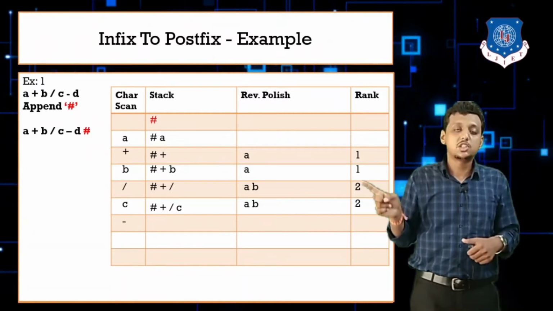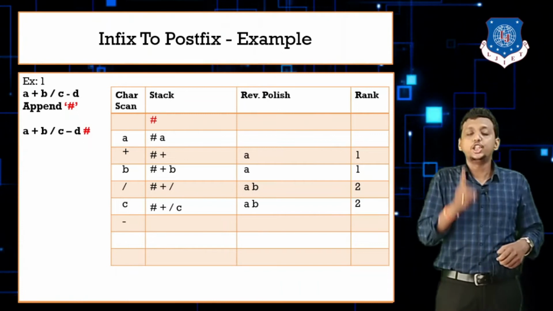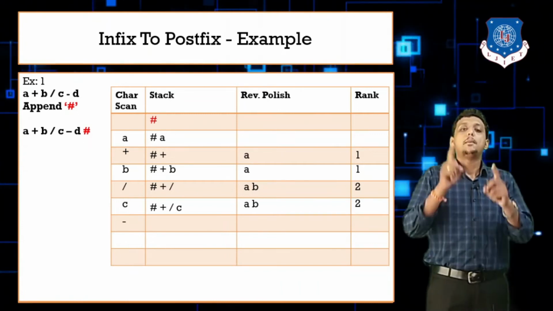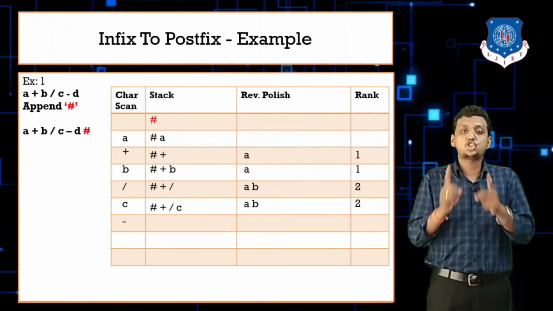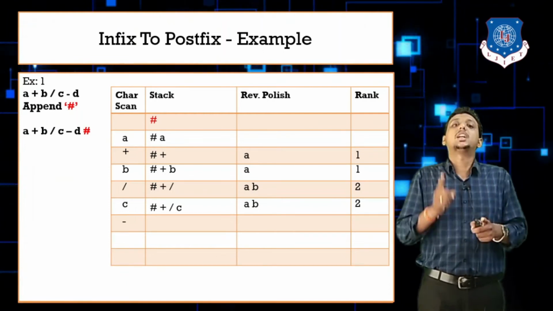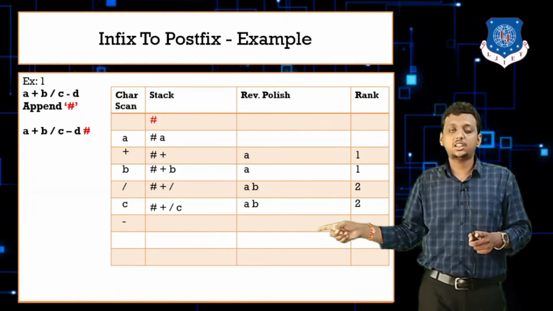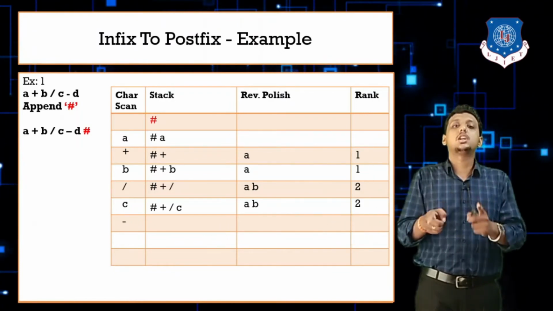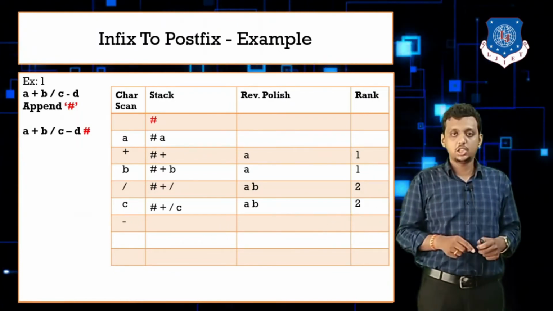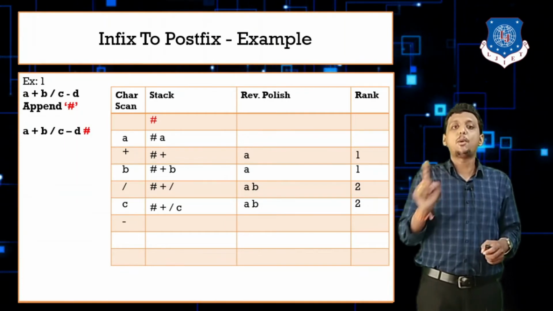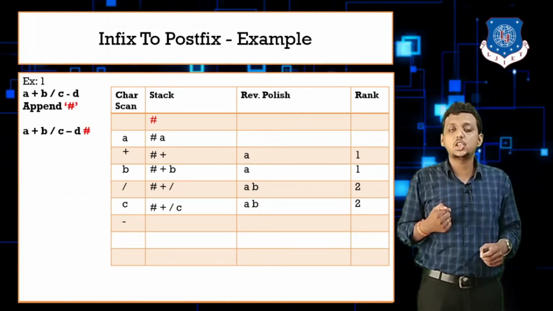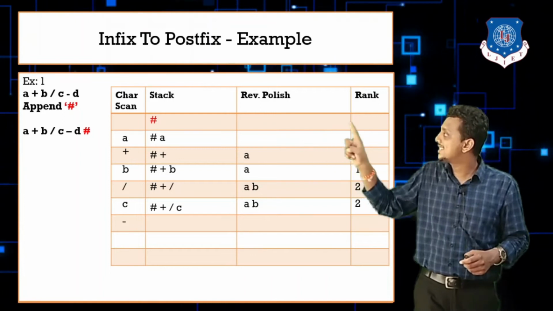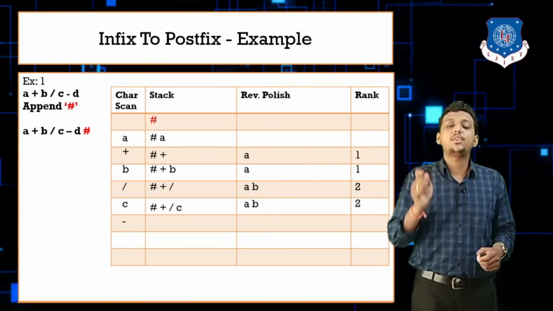Now just check my rules. In the previous slide, I already told you that when you find plus and minus together in the input character and the stack, at that time you just need to perform the pop operation. That means plus will be popped out, because our condition is f of next is less than or equal to f of s of top.